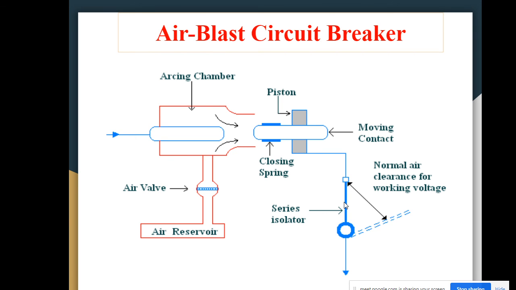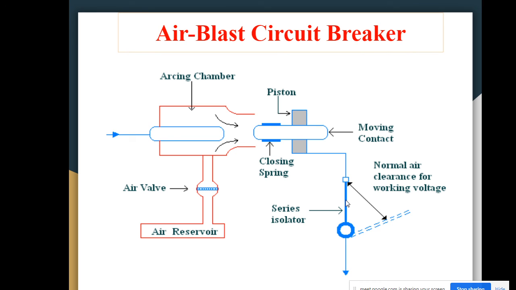After the fault clearance, we open this isolator switch, such that there will be a quick clearance between the contacts of the circuit breaker, which will provide the required insulation between the contacts. That is the function of the isolator switch.